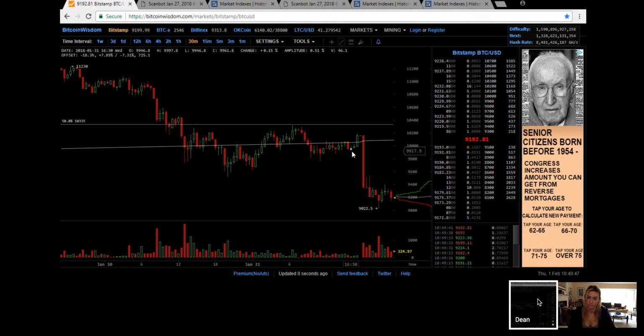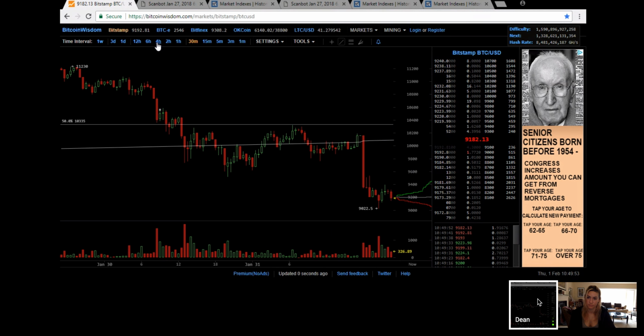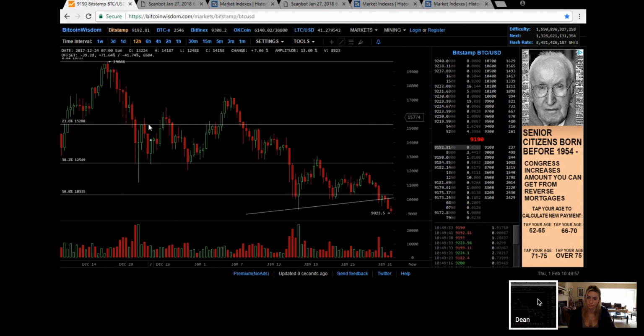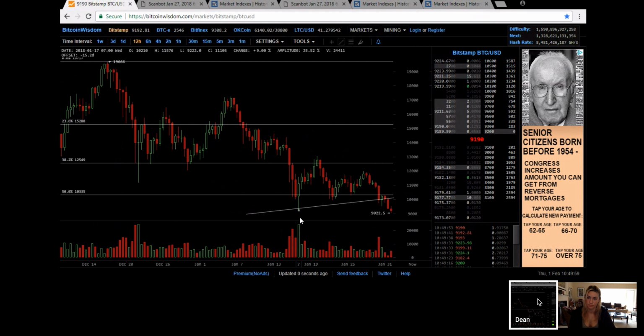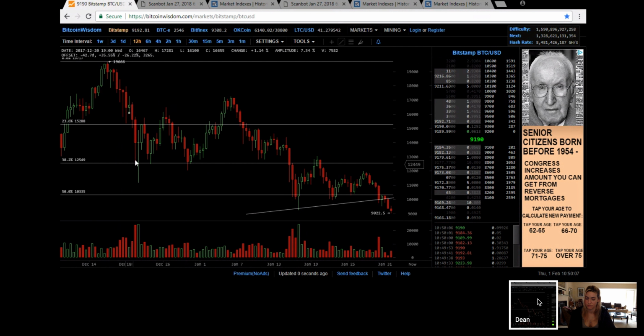The low is 9,000 now, 9,022. That's important because that means we took out the original lows right here, and sometime earlier we took out the first lows from the peak at 19,666.